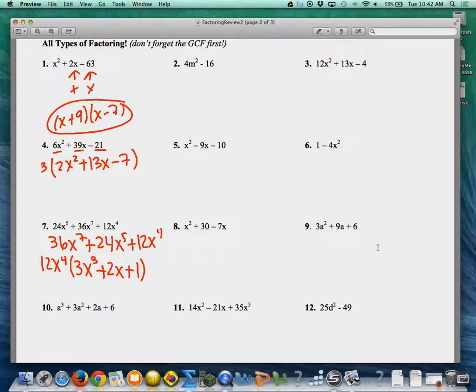You have to put a 1 there. Now you have to ask yourself, does this factor? Did I teach you at all how to factor x to the 3rd? Nope, so it doesn't factor.